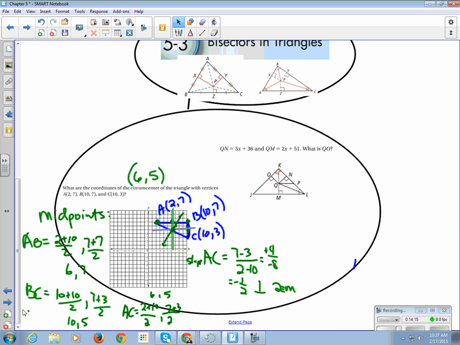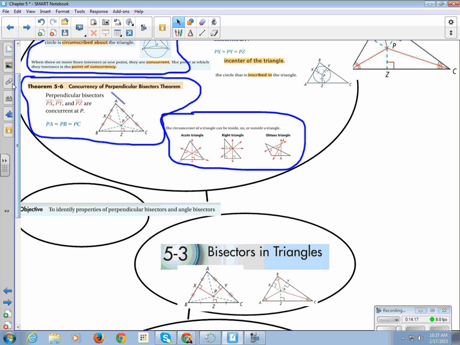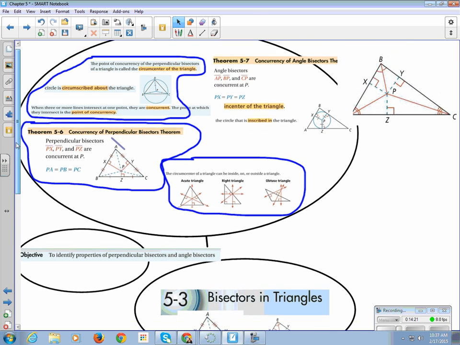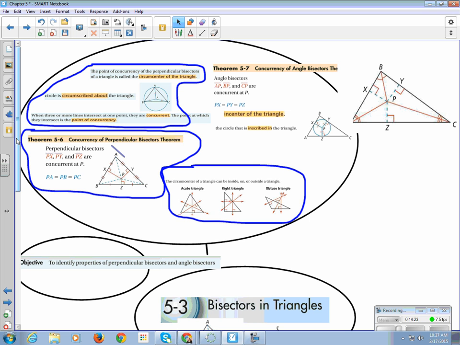So when I'm talking about angle bisectors, I want to look at my incenter of the triangle. The distance from the perpendicular line from your side to your incenter is the same. That's different from the perpendicular bisectors.